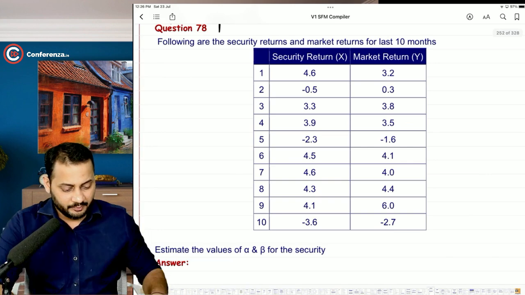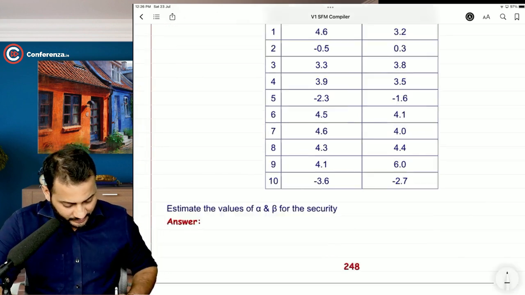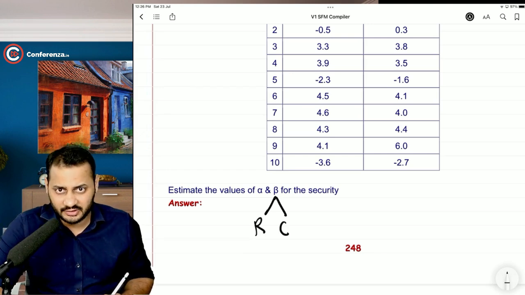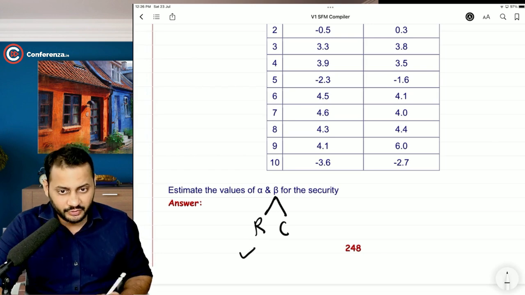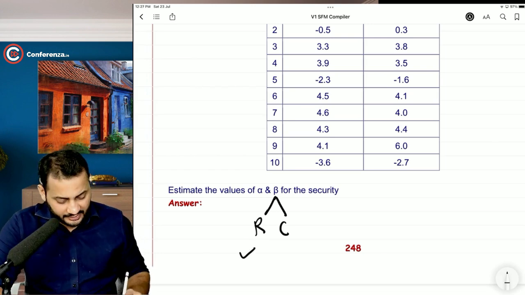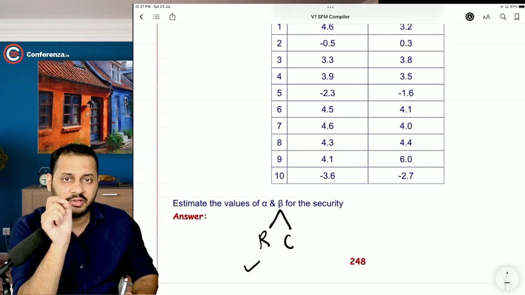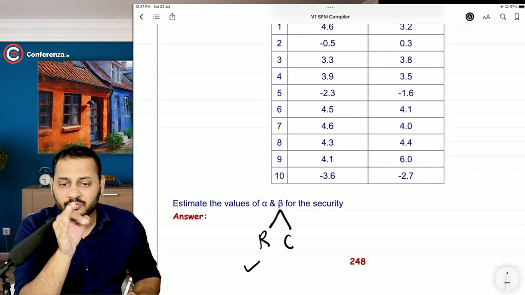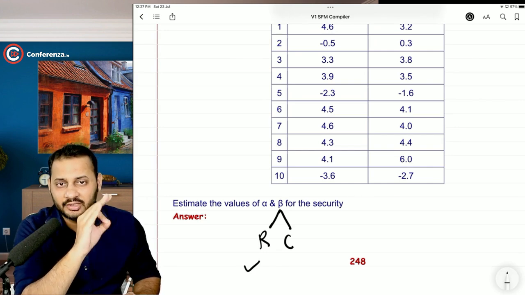Now understand, beta of the security can be calculated through regression analysis and correlation analysis, and you can use both the methods here. My suggestion to you right now is to use the regression analysis. The only thing you need to remember in order to calculate the beta here is the formulas of regression and correlation.